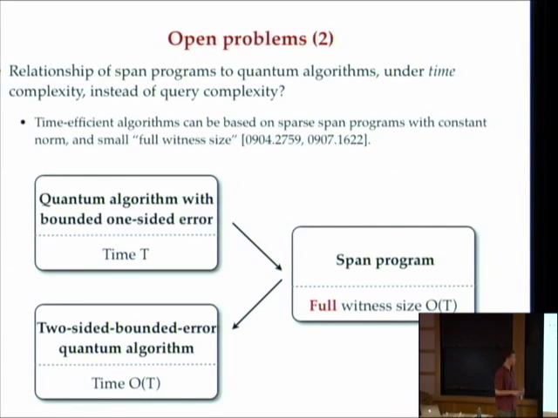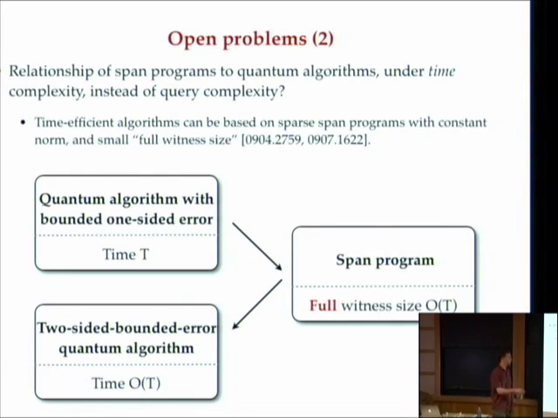Really, what we care about is time complexity, not query complexity. And this is more poorly understood. We do know the following sequence of reductions. I can take a quantum algorithm with one-sided error that has time t, and I can convert that into a span program that has witness size order t. Actually, it's what I call the full witness size, which is slightly different.